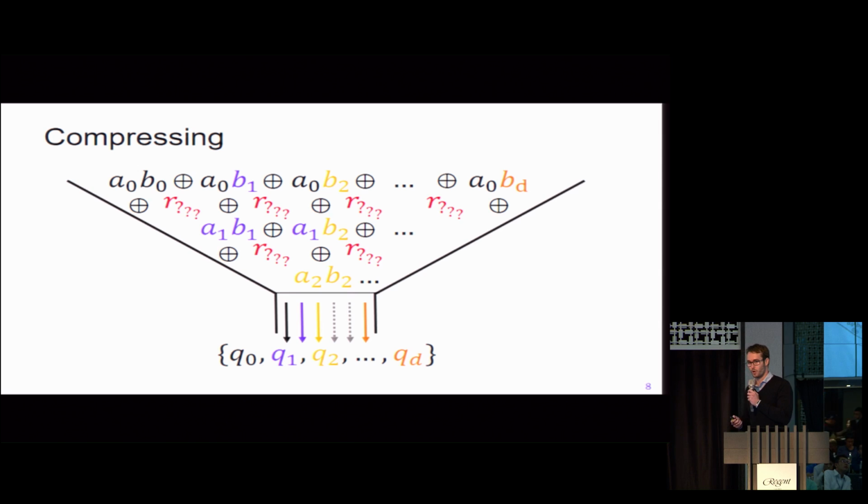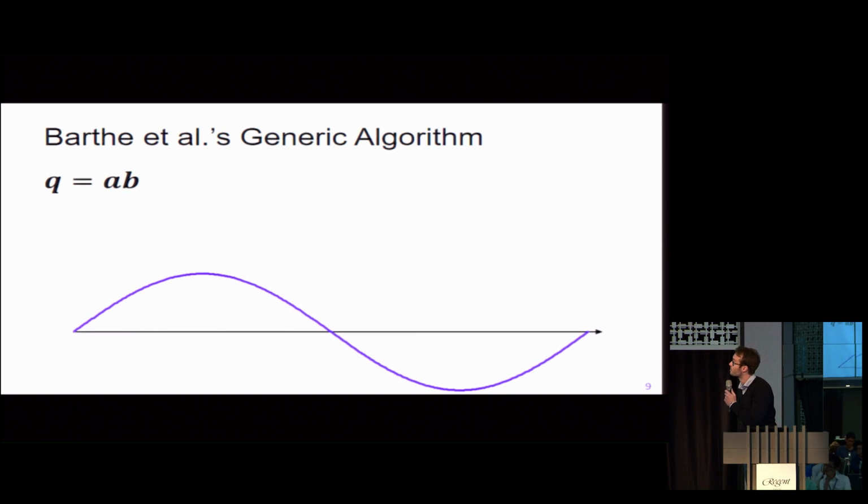So how can we do this? We need randomness to wrap up terms into this randomness, and then we can combine them. And the most efficient way this can be done is really what the masking schemes are all about. So I'm going to introduce Barthe et al.'s generic algorithm, which is also the basis for UMA here.